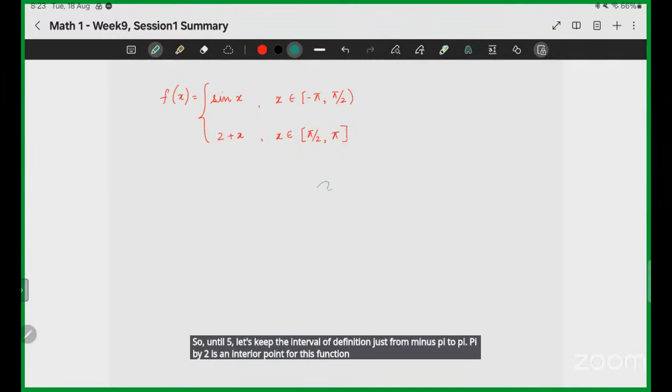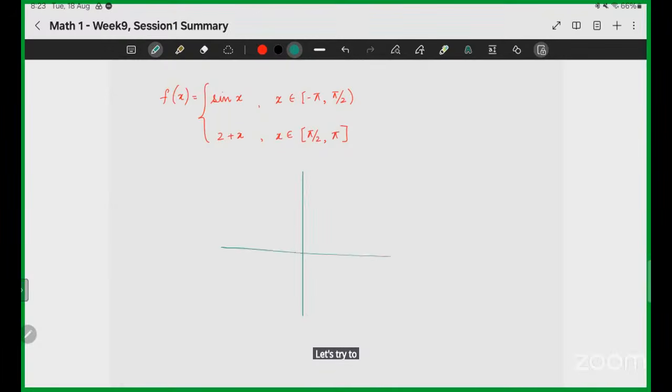What does the graph of this function look like? Let's try to plot it. So from minus pi all the way up to pi by 2, it follows a sinusoidal curve.